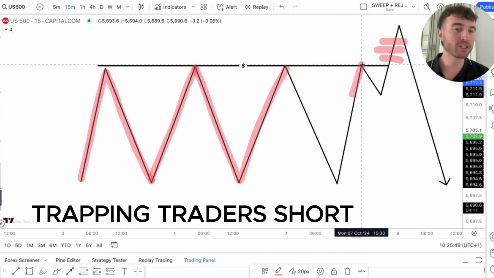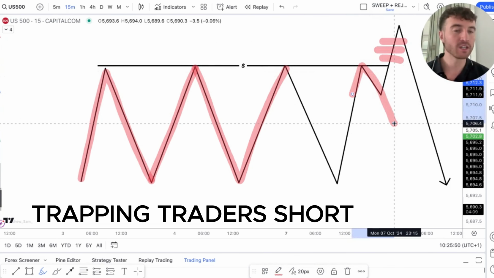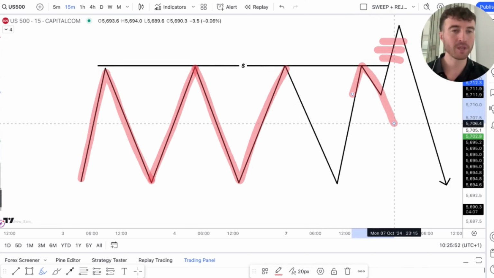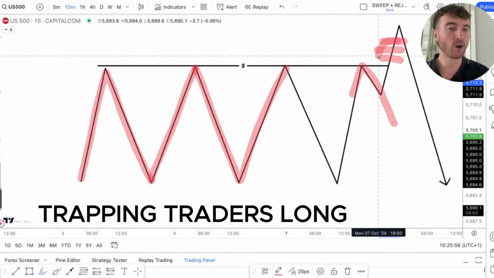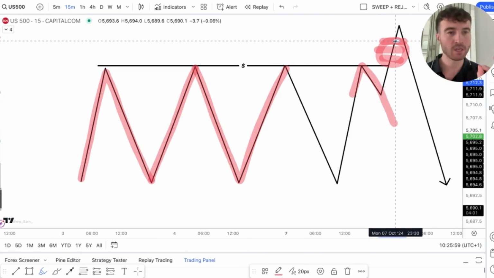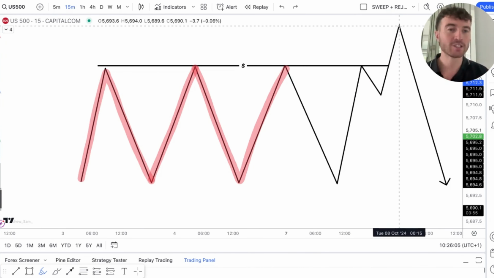So this is trapping traders to go short. They're getting stopped out, and it's also trapping traders to go long on this breakout right here. What this is actually doing is providing the fuel for institutions to move the market in the intended direction.